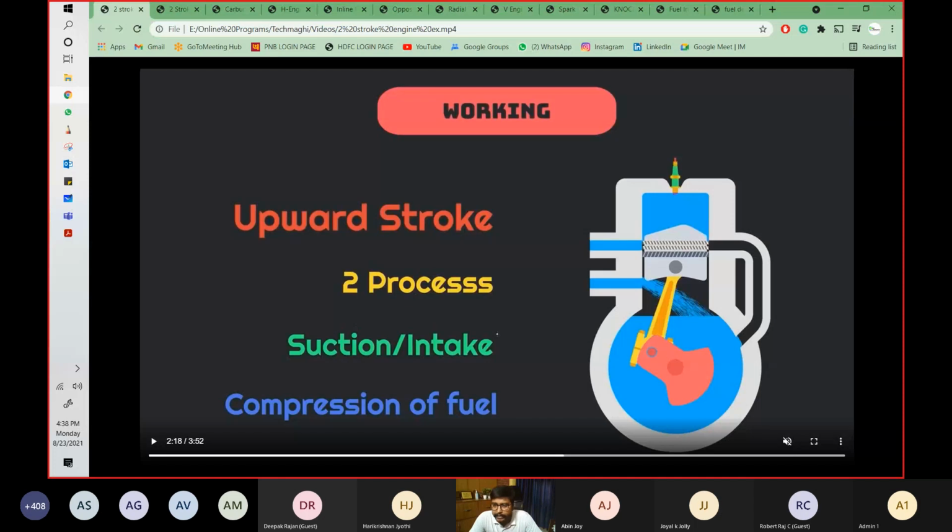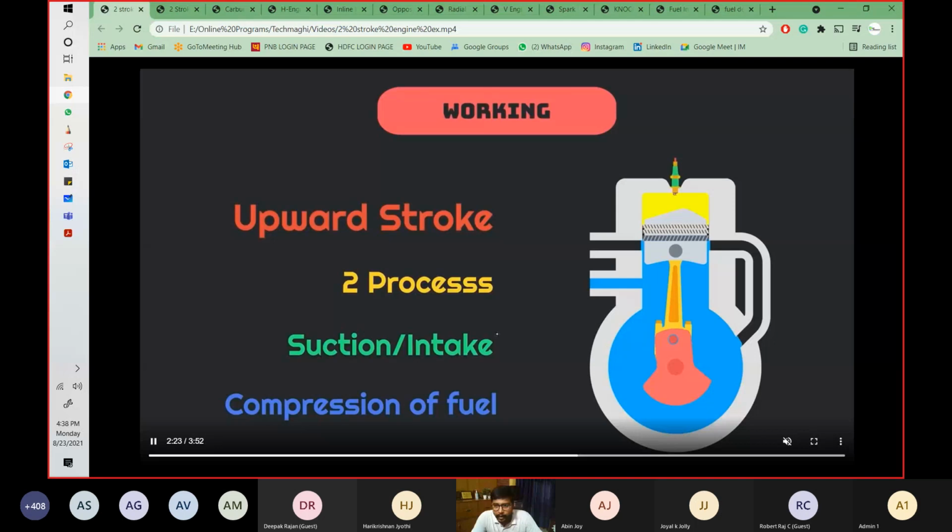The fuel is being stored inside, and at this point of time there is already fuel inside the combustion chamber, and we will see how it is being compressed now. After the compression is done and the piston reaches the top dead center, a spark will happen, and that spark will ignite the fuel and a blast will occur, and that blast will push the piston downward.